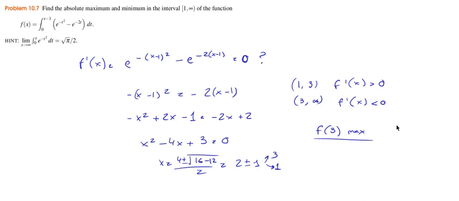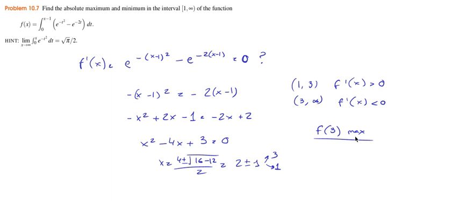And at 1, the function is 0, so it's a minimum, right? At 1 it's 0, then it increases until the value at f of 3, and then goes down.